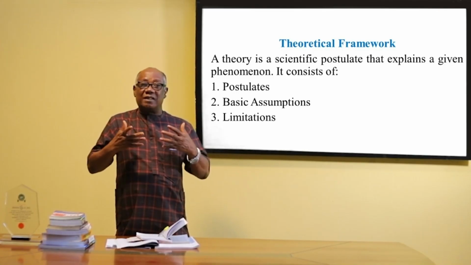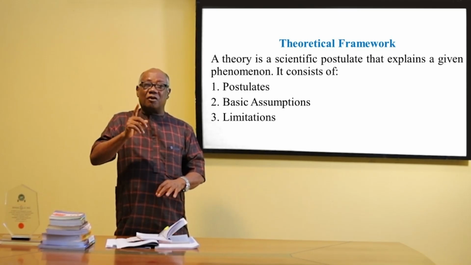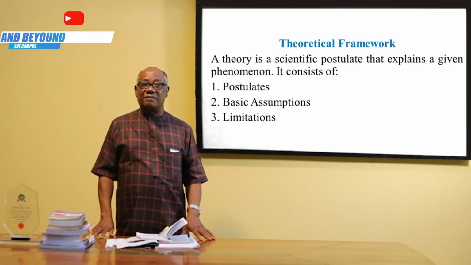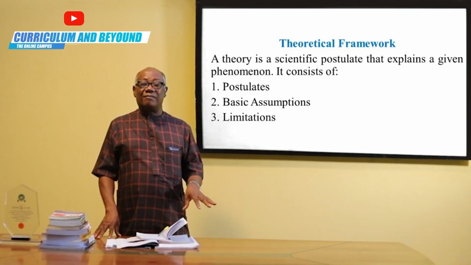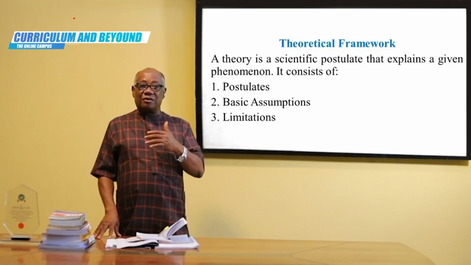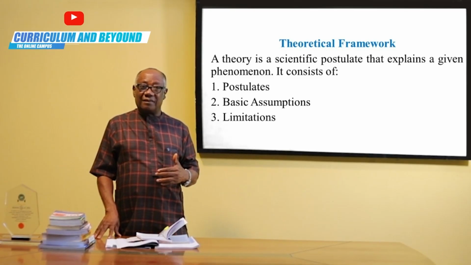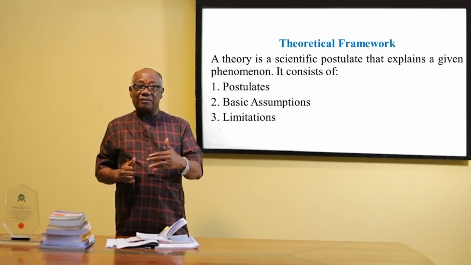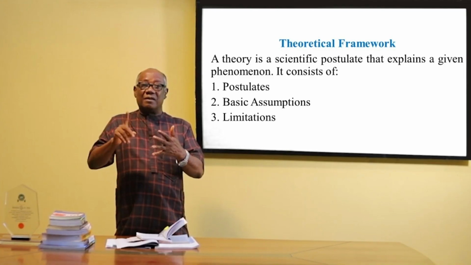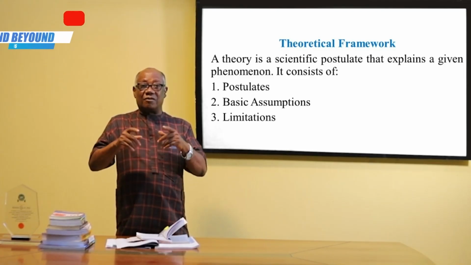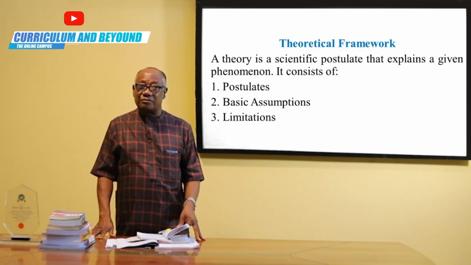And so when you construct a test, you should ensure that the test item measures only the latent trait and nothing else. Now, its basic assumption is also stated in literature, and then the limitations are also stated. Now you get the basic assumption, postulates, and limitation concerning the theory that backs up whatever problem you are investigating.